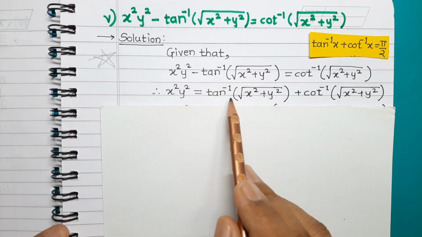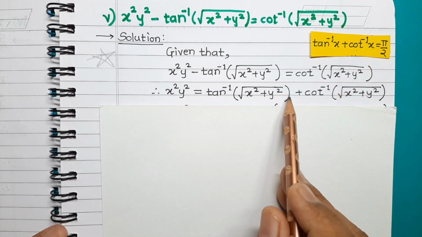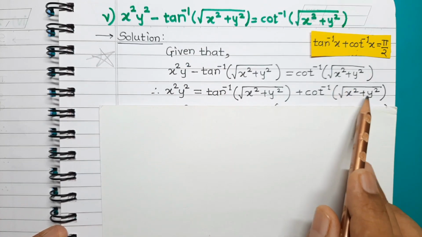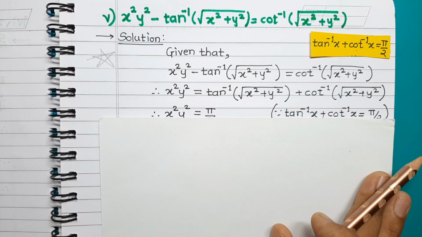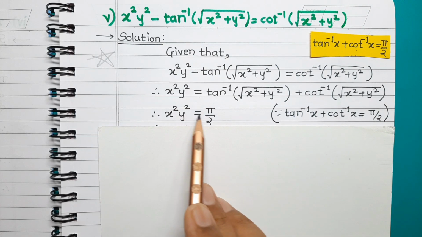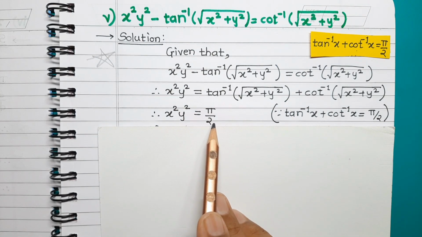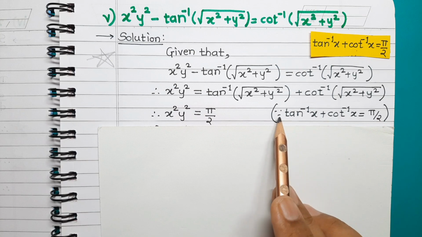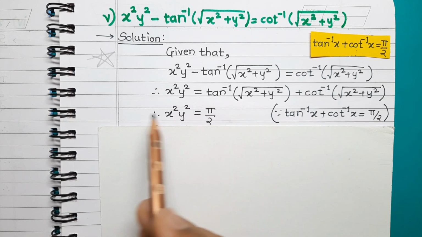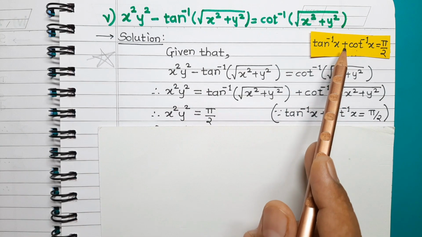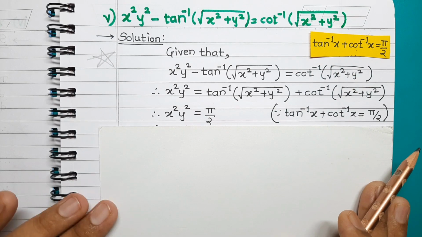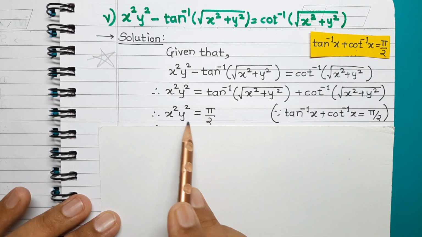So here we are going to use this property and we are going to reduce this function to a very simple function, x square y square is equal to pi by 2. You write down the property as a reason. Okay, so you note this trick here, we have used this property and now it's very easy to differentiate.